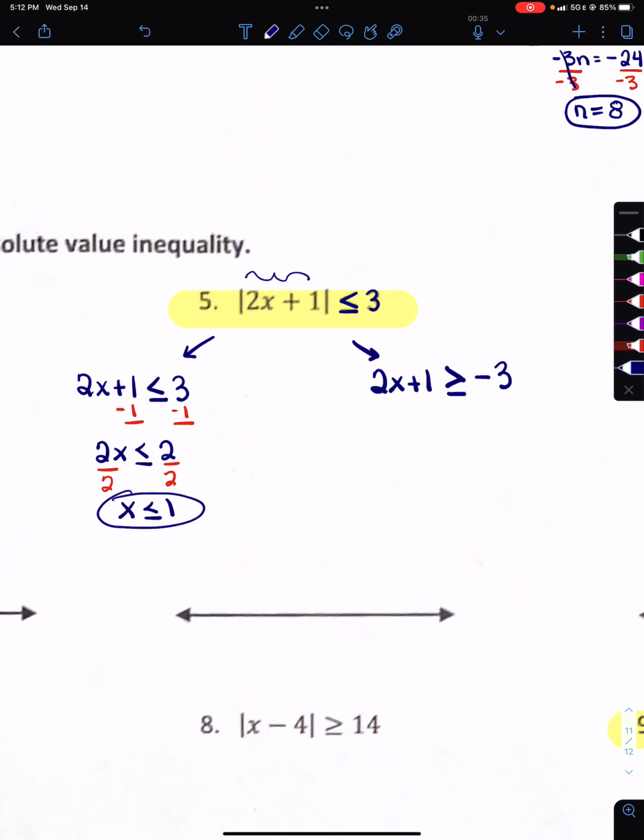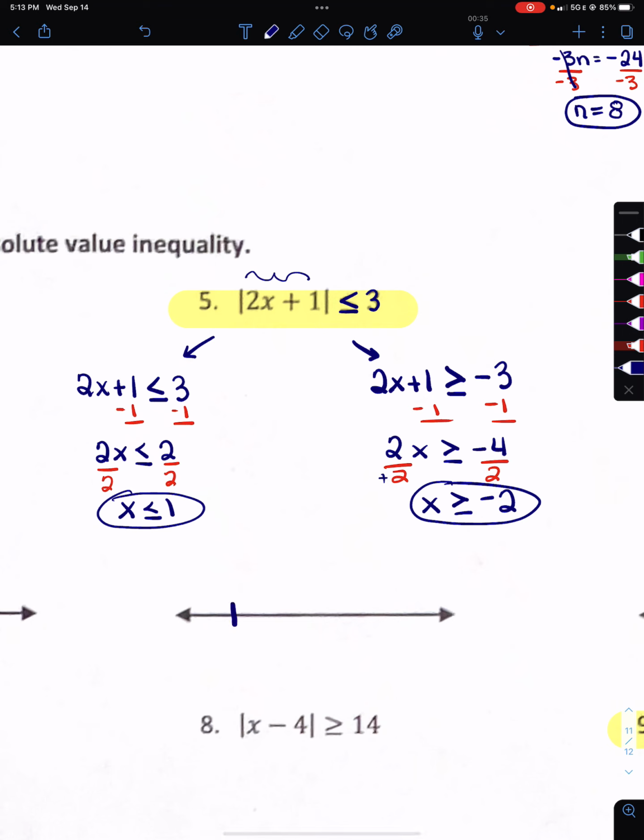Next one, subtract 1 from both sides. I have 2x is less than or equal to negative 4. Divide both sides by 2, and I get x is less than or equal to -2. I didn't have to flip that inequality this second time because this was a +2. If it was a -2, I would have had to flip it.